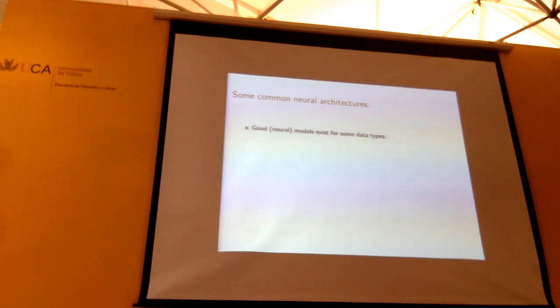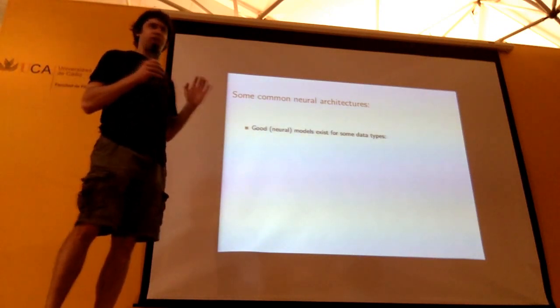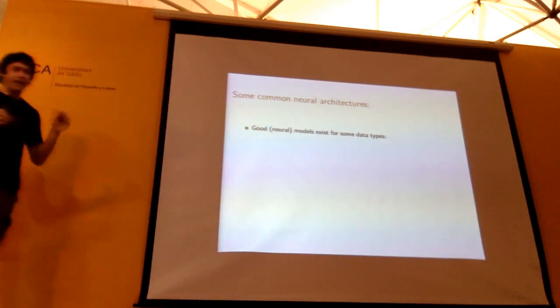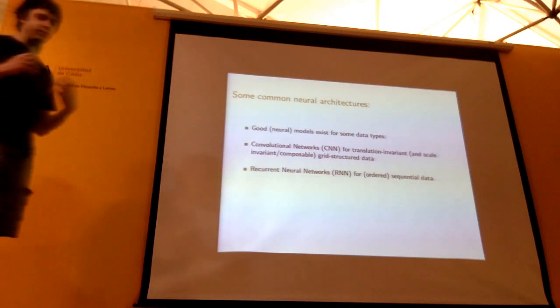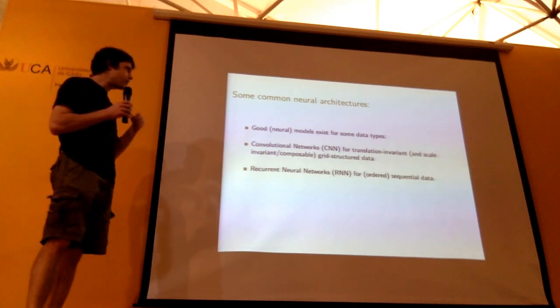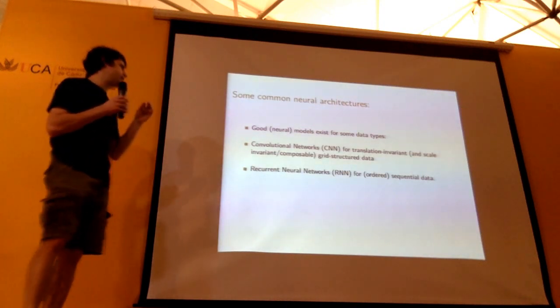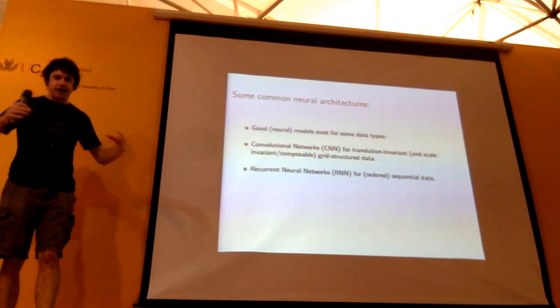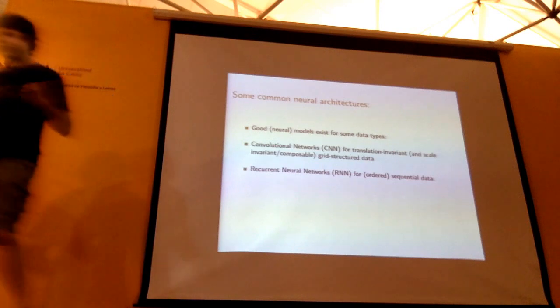So there are neural networks that work pretty well now. For some data types, you have really good results. ComNets essentially are state-of-the-art on a lot of vision tasks. For anything that is translation invariant and has the correct scaling structure, ComNets work well.